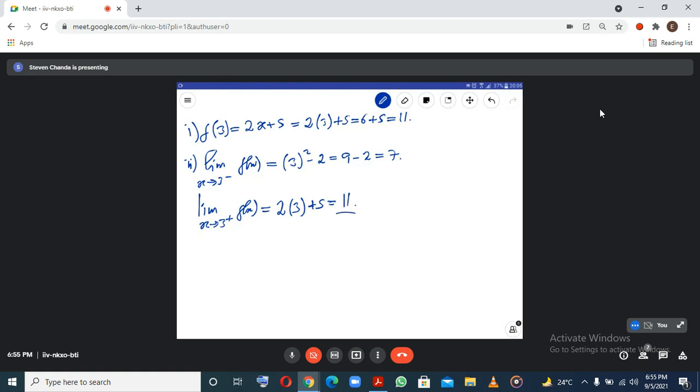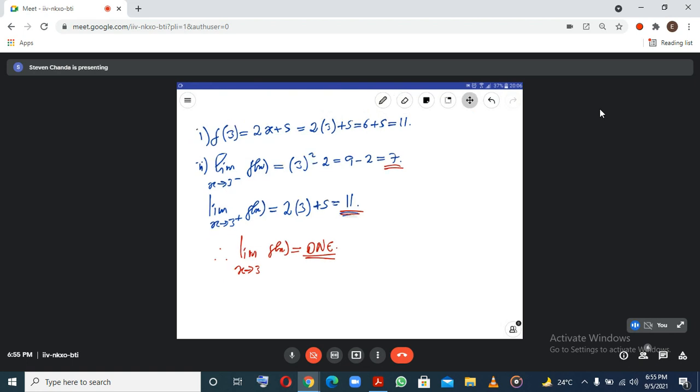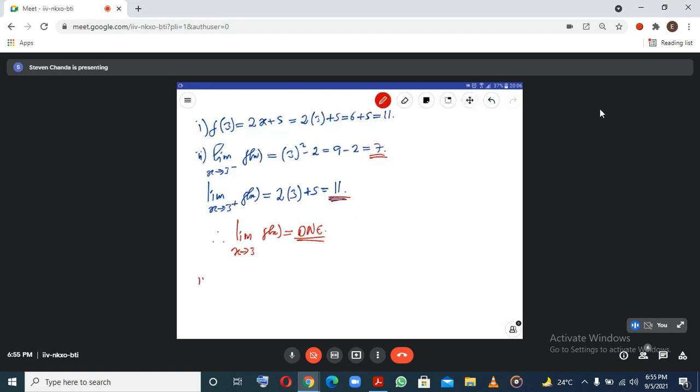So you see now that the limits when you are coming from the left and when you are coming from the right are not the same. So therefore, the limit when x approaches 3 does not exist. Once you figure out that it doesn't exist, we are almost done. If they are not the same, it means that there's some discontinuity somewhere. That's why they are not in agreement.